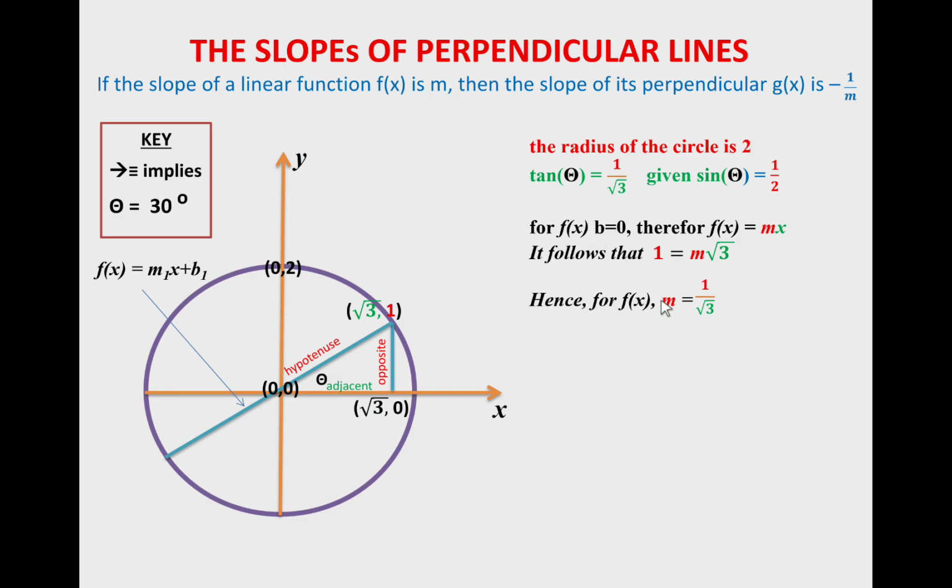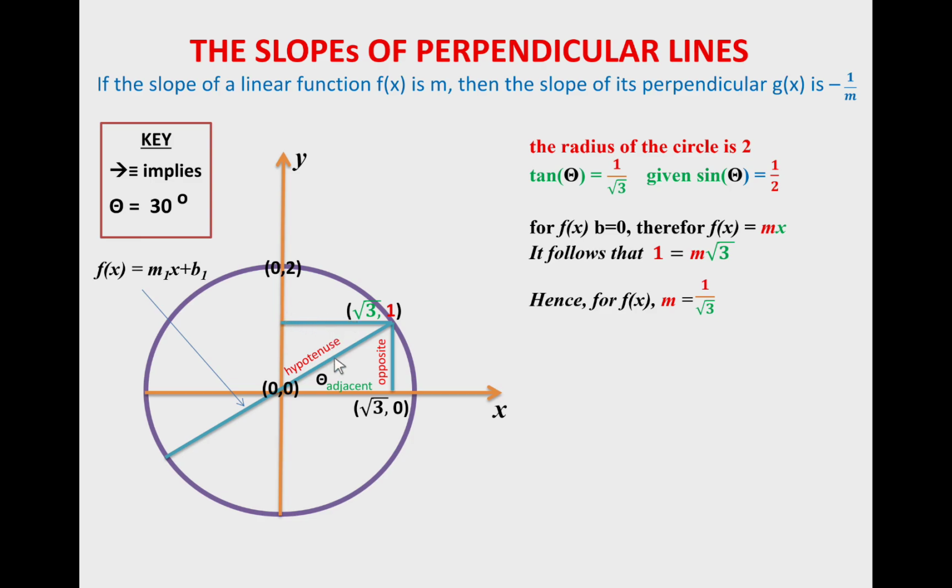Since the slope of f of x is equal to m, then we have to prove that the slope of g of x will be equal to the negative of square root of 3. But before we do that, we have to identify where g of x is. So we're going to connect the point square root of 3 comma 1 with a line connected to the y-axis.